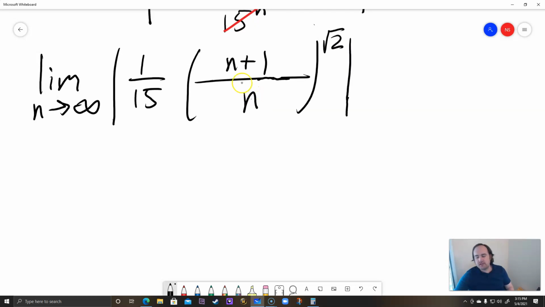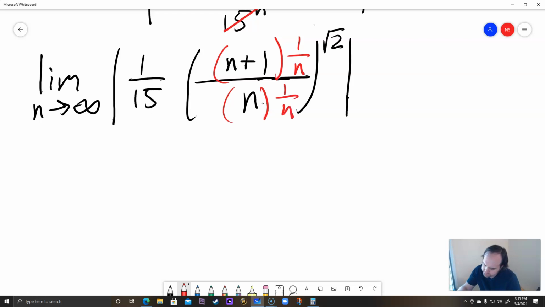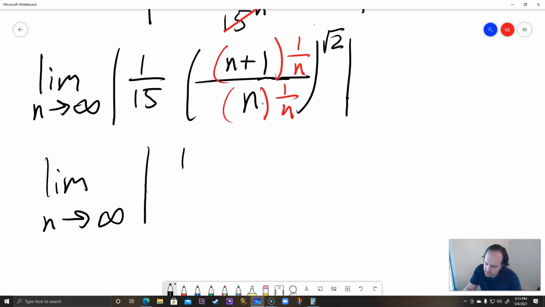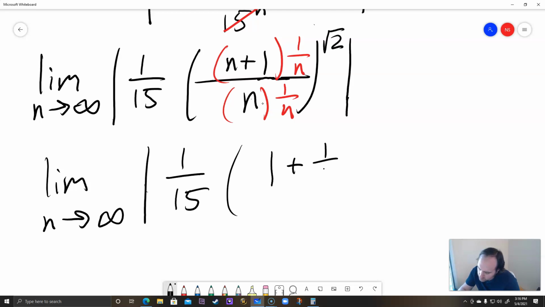And then once you have a fraction like this, you always want to multiply the top and the bottom by 1 over the highest power in the denominator. So we're going to multiply this fraction by 1 over n on the top and the bottom. Now we have the limit as n goes to infinity of the absolute value of 1 over 15 times parentheses, distributing the 1 over n, we just get 1 plus 1 over n.